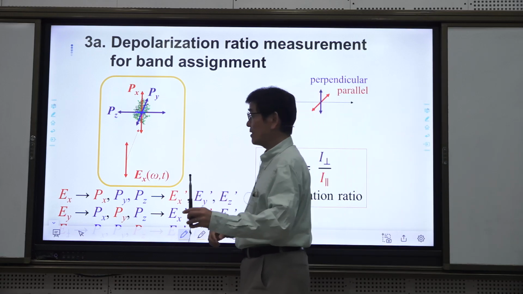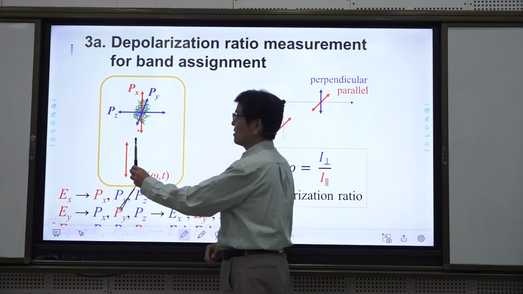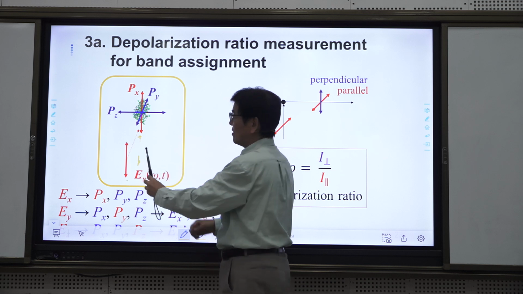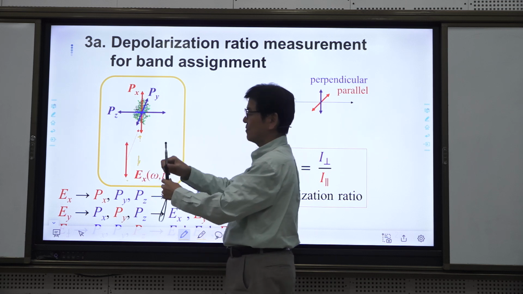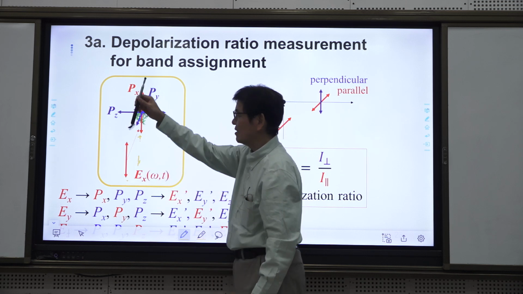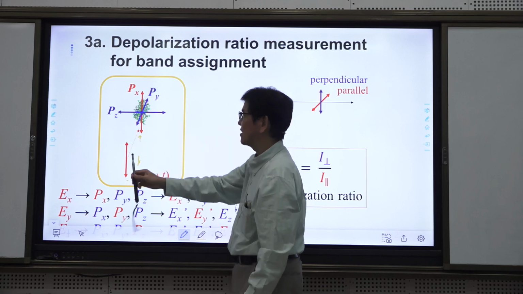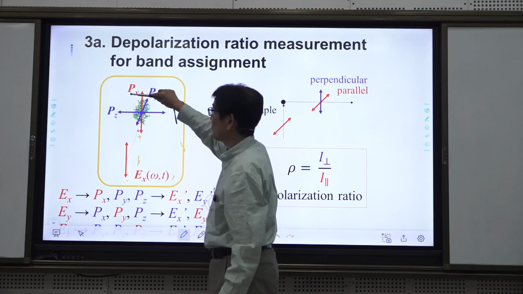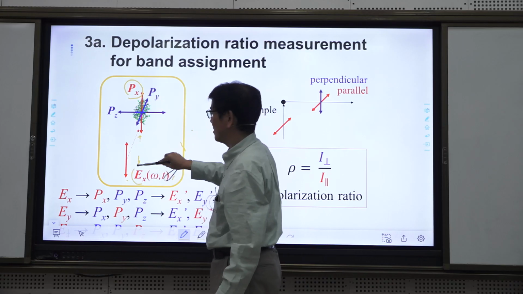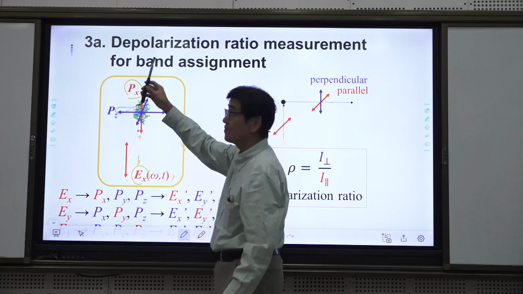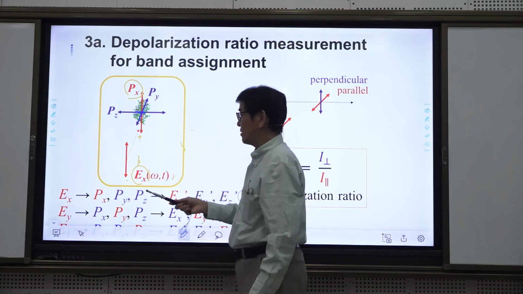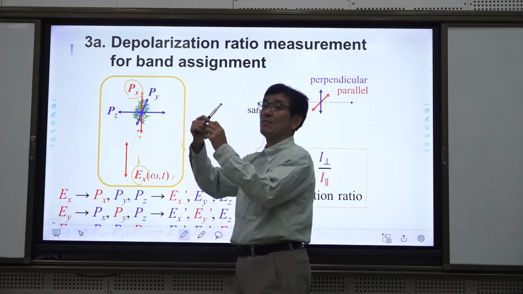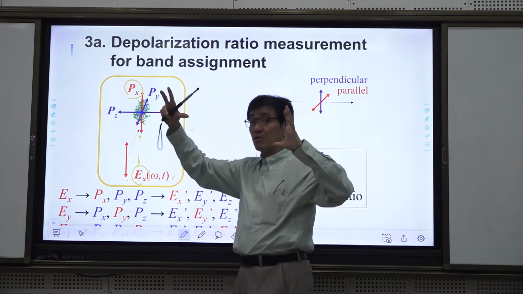When we irradiate light onto the sample from this direction, polarization occurs. The electric field is oscillating in the x direction. Then we can understand that it induces a polarization parallel to the incident electric field. But in most cases, a molecule is not a simple harmonic oscillator but a large molecule.